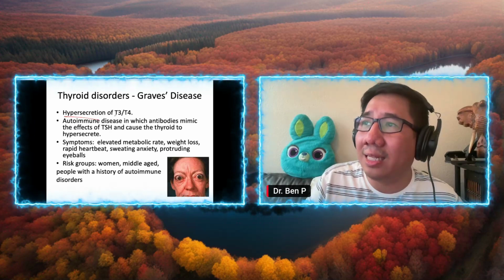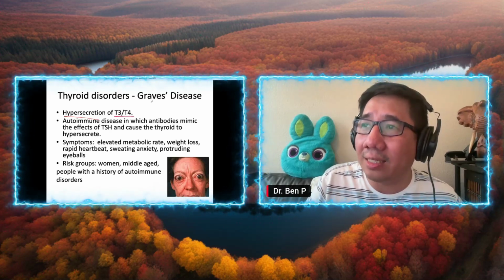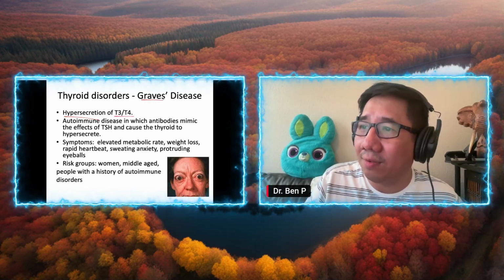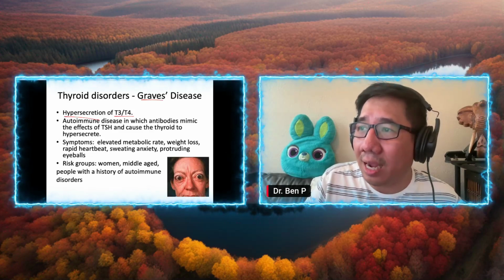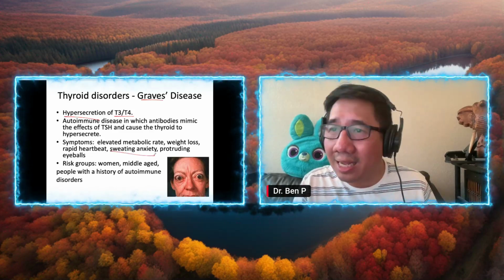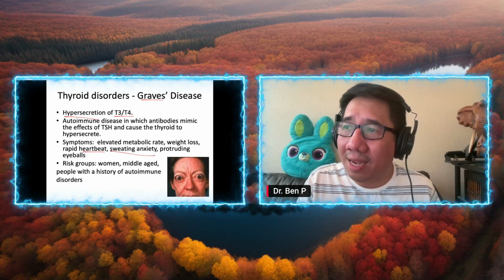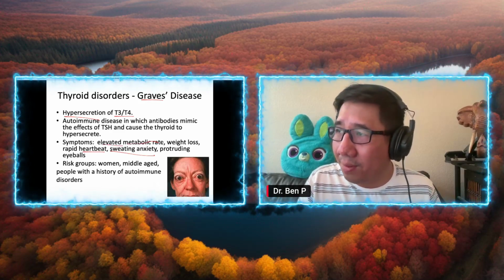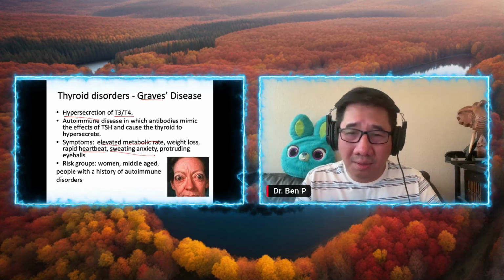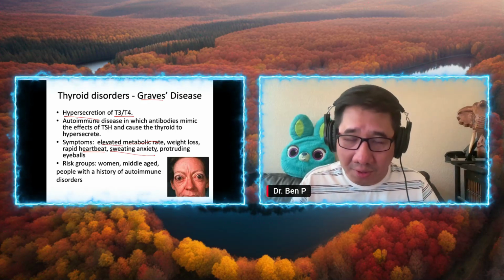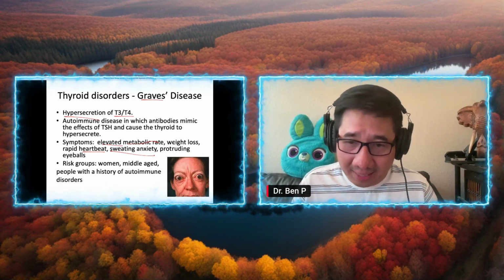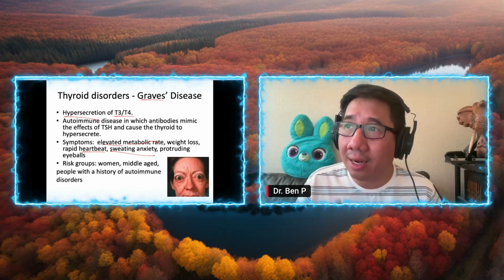Too much T3, T4, we call that Graves' disease. Graves' disease is when you have too much. You're going to see everything from anxiety, rapid heartbeat, and an elevated metabolic rate. Metabolism goes up. Think of it like you burn up a lot of food. You burn up a lot of things in your body. This is an autoimmune disease.